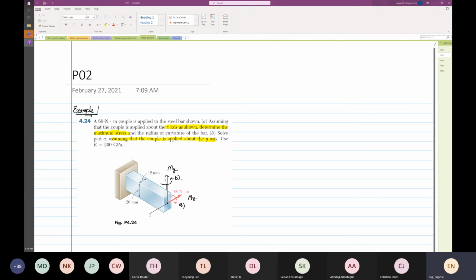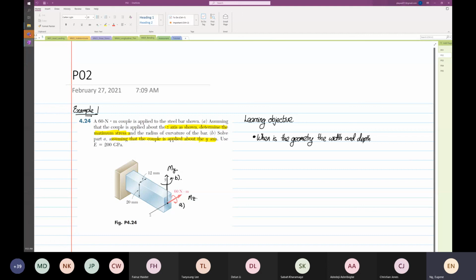So the learning objective is when is the geometry, the width, and depth.